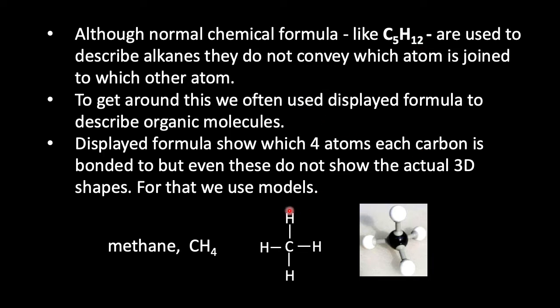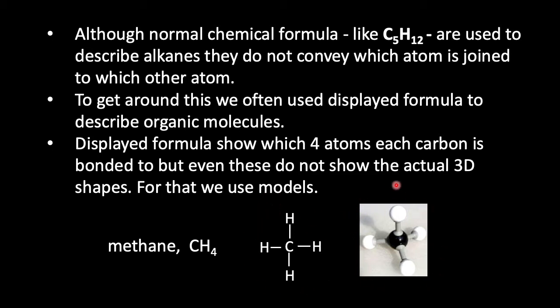So to get around this, we use something called the displayed formula, which displays all of the bonds, hence the name. It shows which 4 other atoms each carbon is bonded to, but even these don't show the actual 3-dimensional shape.